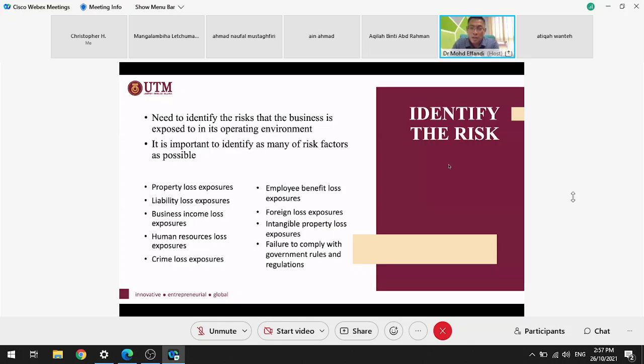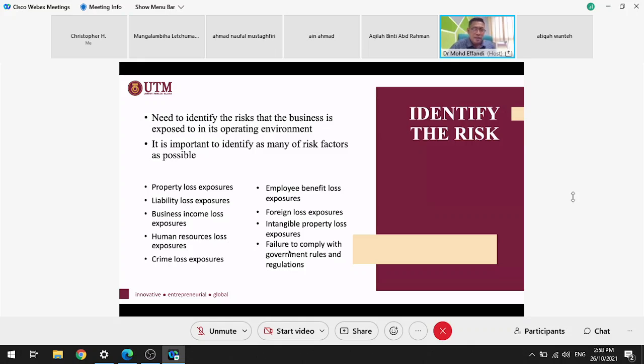So that is another way. Basically, we are trying to curb the exposure. It falls under liability loss exposure, intangible property loss exposure. Failure to comply with government is basically another topic. What we need to understand is that whatever we do, in business or even in your studies, you need to identify the risk.